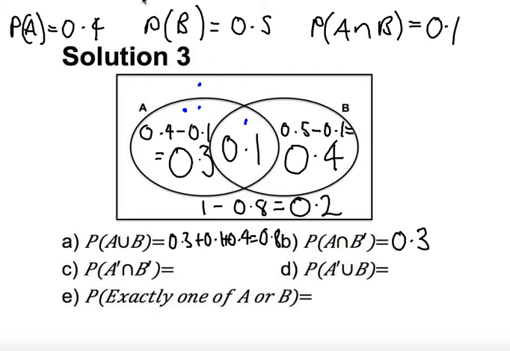Okay, so let's look at the next question. Probability of A complement intersect B complement. So A complement is outside of A, so put the 2 dots in those 2 regions. B complement is outside of B, so 2 dots in those 2 regions.